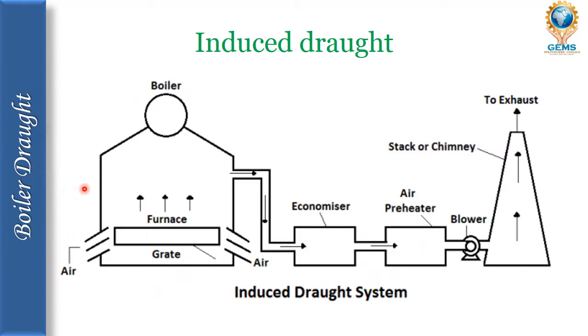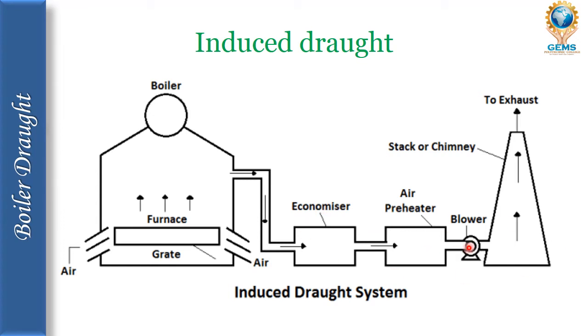In the forced draft system, we kept the blower before the boiler, but in the induced draft system, the blower is kept next to the air preheater, before the chimney. When the blower runs, air from the atmosphere is sucked in and goes to the furnace, the fuel burns, and the gas goes to the economizer and air preheater, then to the exhaust. In this system, the pressure of the total system is maintained lower than the atmospheric pressure.